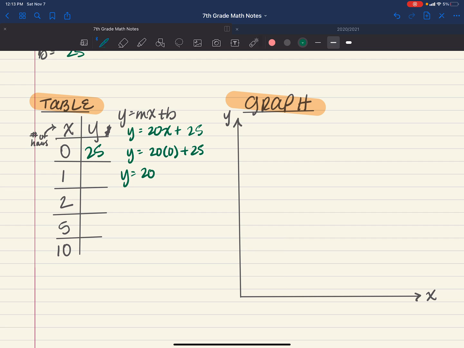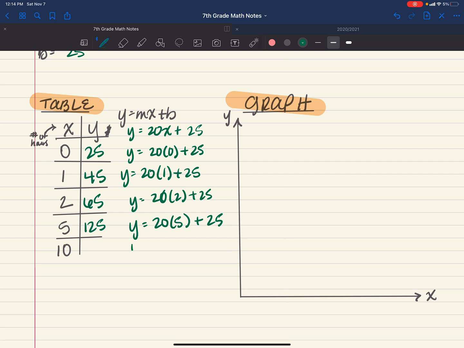Y equals 20 times 1 plus 25. Well, 20 times 1 is 20, and 20 plus 25 is 45. I'm going to keep going: 20 times 2 plus 25. 20 times 2 is 40, and 40 plus 25 is 65. 20 times 5, so after 5 hours of work plus a diagnostician fee, 20 times 5 is 100. 100 plus 25 is 125.